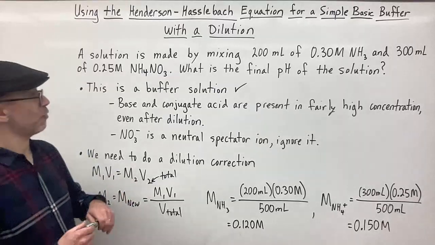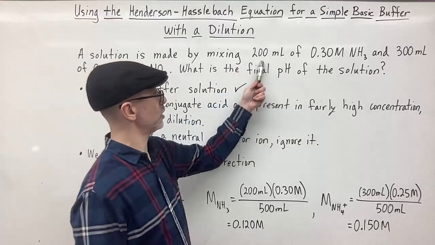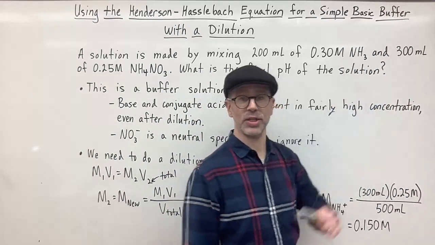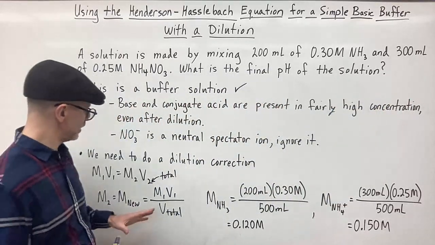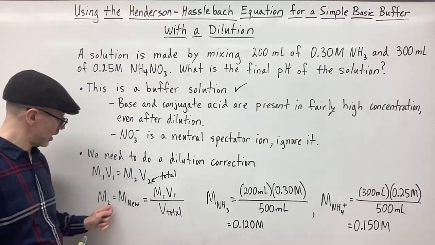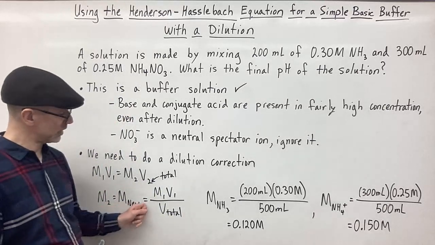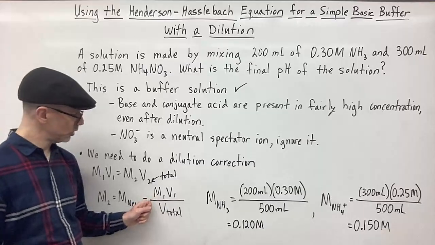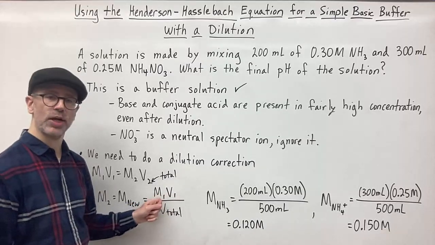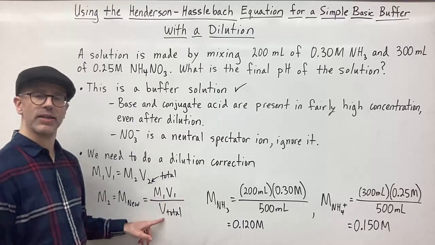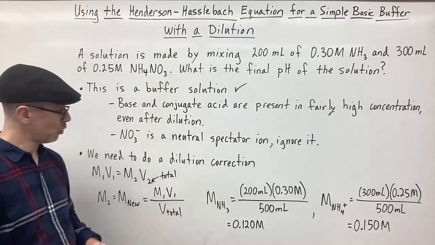Therefore, we add 200 milliliters to 300 milliliters, and that gives us 500 milliliters total. So when we set up our equation, we solve for the new molarity, which is equal to the old M1V1, the starting molarity and volume, divided by the new volume, which is the total volume.